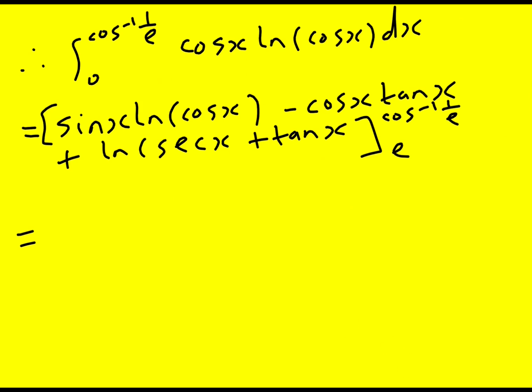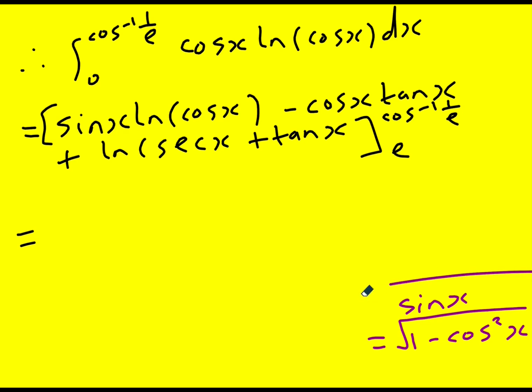Now I'm going to jump straight into this. Actually, sine x, this is an awkward one because we don't want to find sine of inverse cos. We want to change it so it's in terms of cos. And sine squared is 1 minus cos squared. So sine x is then the square root of 1 minus cos squared x. So we just got that in the back of our minds.